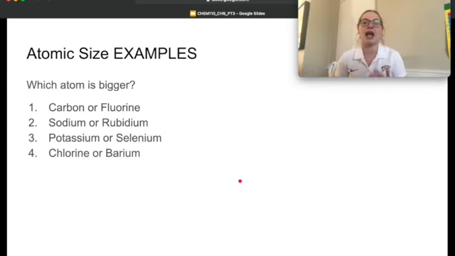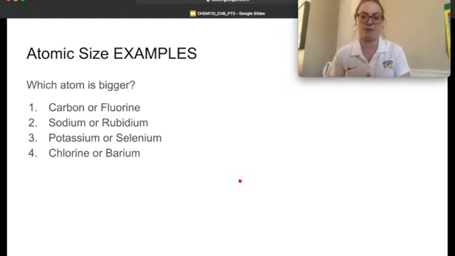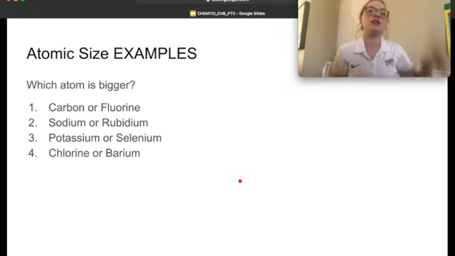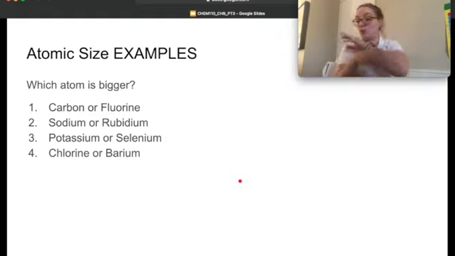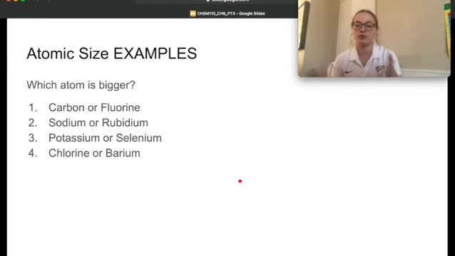I'm not going to ask you whether it increases or decreases as you go from left to right, because I think those questions are kind of confusing. What I will strictly ask you is which atom is bigger, or which atom is smaller. So which atom is bigger from these on the list? The first one says carbon or fluorine. Which one's bigger?